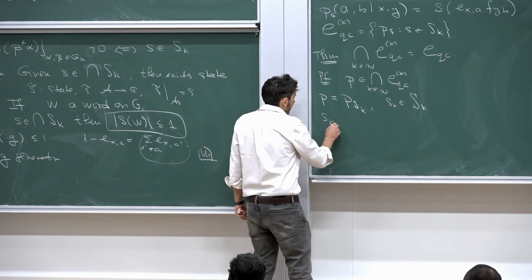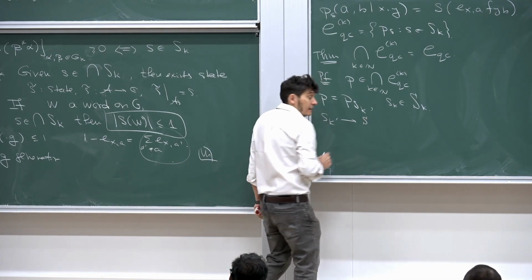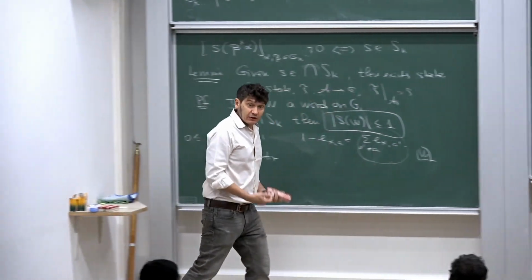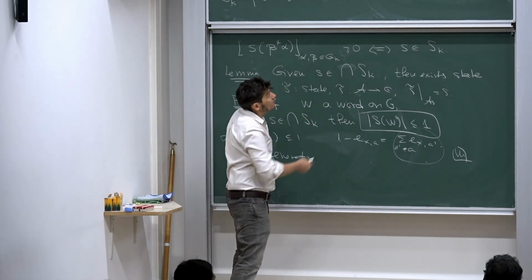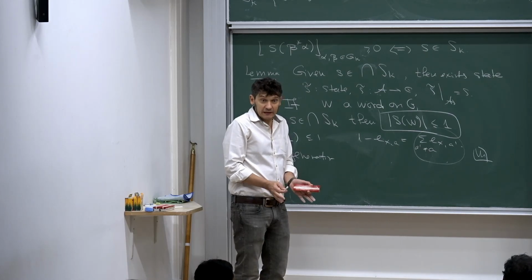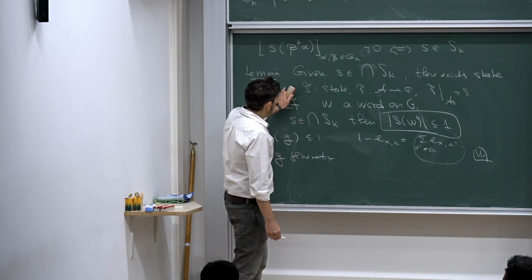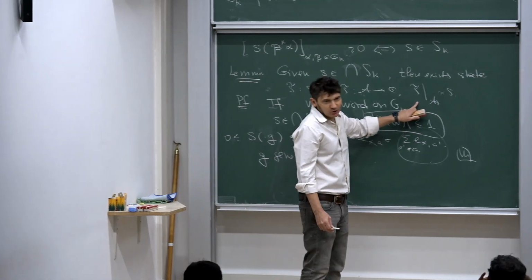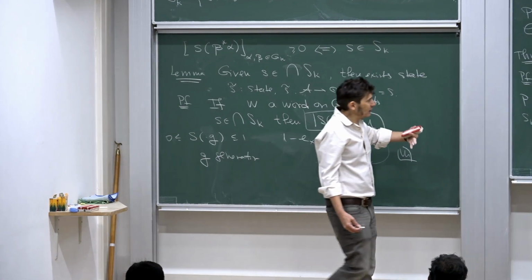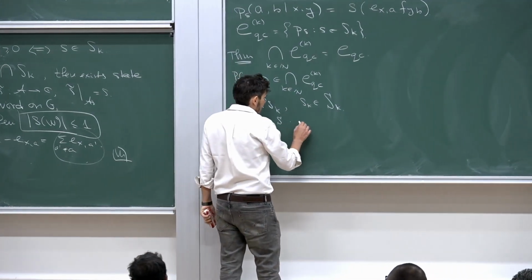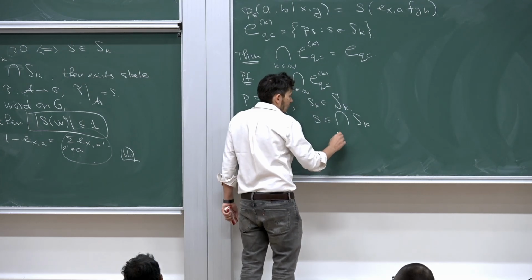So a sequence of these s sub k will converge to some s, which will have a positivity property on every polynomial of the form P star P for finite degree P. But this is, by the previous lemma here, just a restriction of some state on the whole A. And we know that this s is positive, it belongs to the intersection of all S K, first of all.